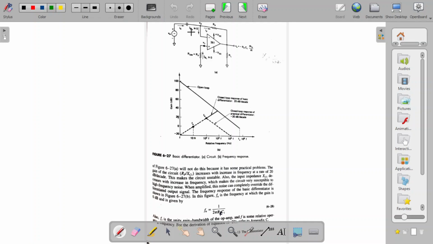This capacitor is named C1 in this circuit. Then you have RF. Once the circuit is ready, we have to see the circuit analysis, how you can mathematically understand that the output signal is the differentiated form of the input signal. One more thing you can notice is the resistor ROM.